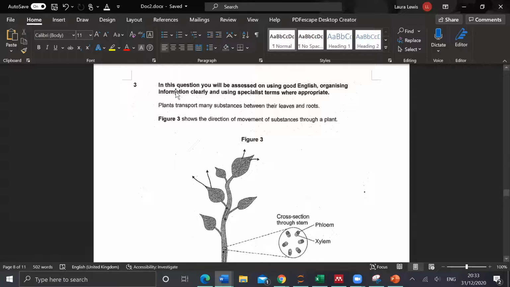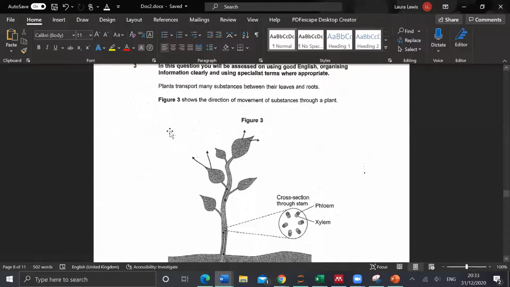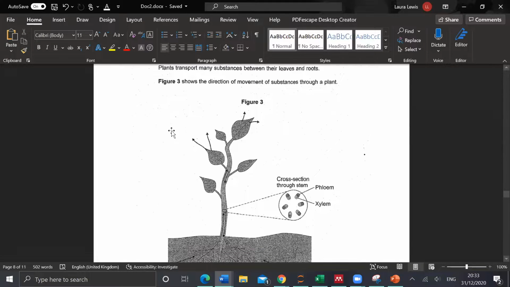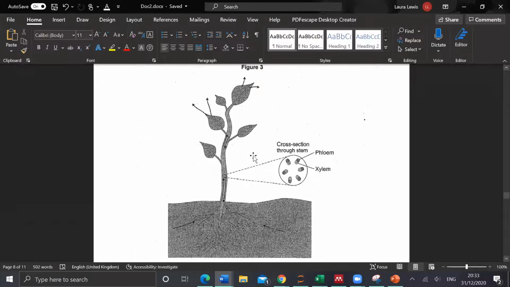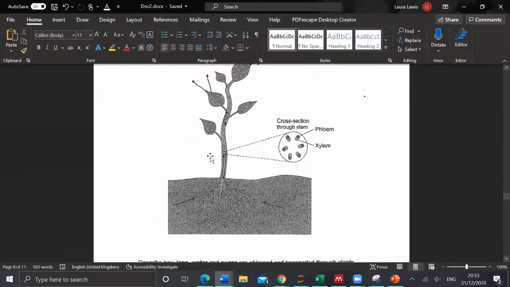So in this question, you will be assessed on using good English, organising information clearly, and using specialist terms where appropriate. Plants transport many substances between their leaves and roots, more than just water. Figure 3 shows the direction of movement of substances through a plant. We've got a bit of a diagram, the phloem and the xylem, a cross-section through a stem, just in black and white.